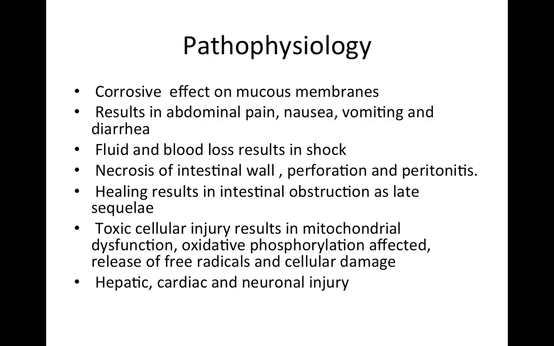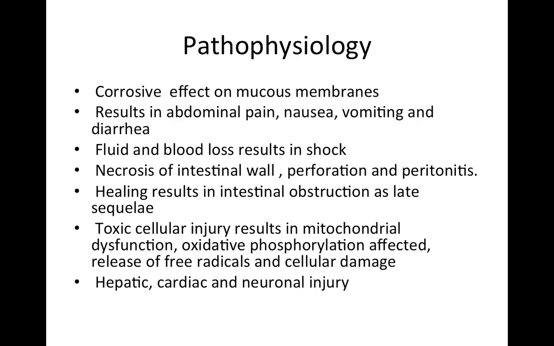Then what is the pathophysiology? Iron toxicity can be described as two types with regard to pathophysiology. Number one, corrosive effect. Number two, cellular poisoning. The corrosive effect is on the mucous membranes, resulting in severe abdominal pain, nausea, vomiting, and diarrhea due to mucosal ulcerations.